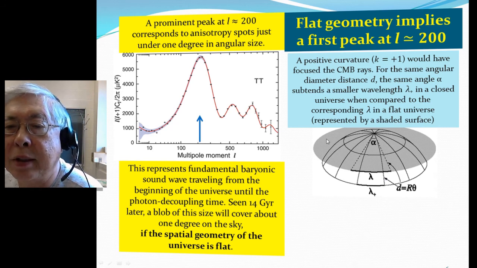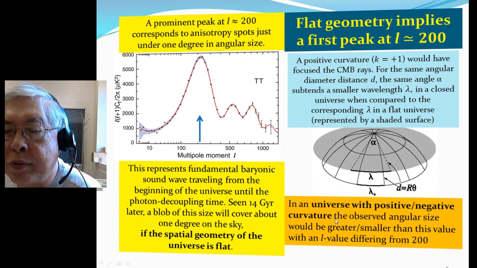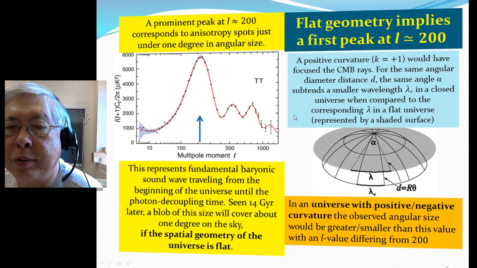So that's the focused ray versus the non-focused flat universe. So in a universe with positive or negative curvature, the observed angular size would be different, and therefore the l value would shift away from 200. In fact, we observe 200, which is evidence for a flat universe.